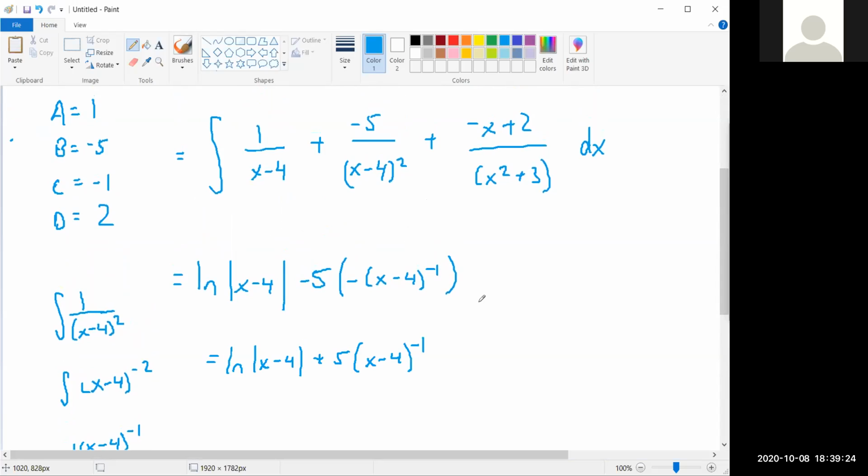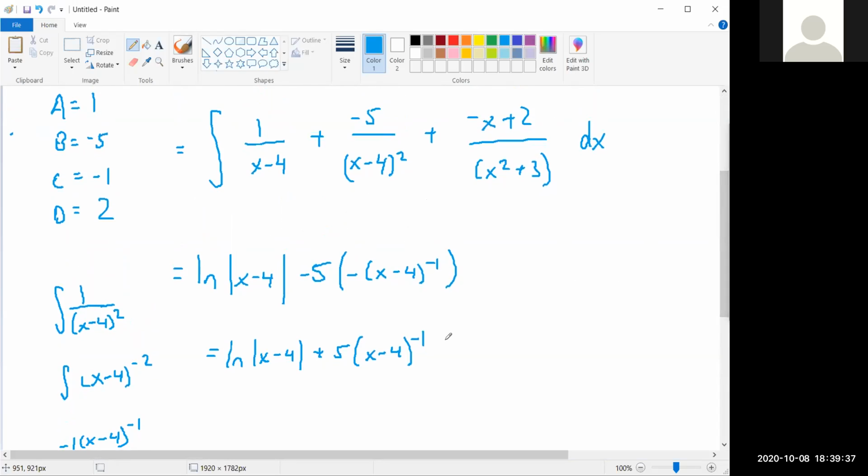All right, so the last one is actually going to take quite a bit of work. The first thing we can do is split it into 2 different parts. So instead of writing -x plus 2, I can write plus the integral of -x over x squared plus 3 plus 2 over x squared plus 3. I can do that, right?